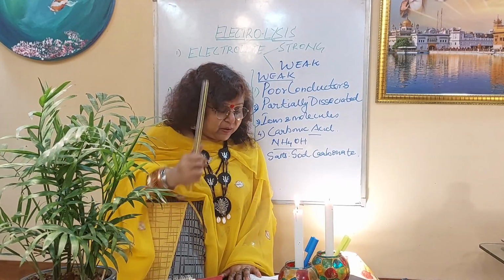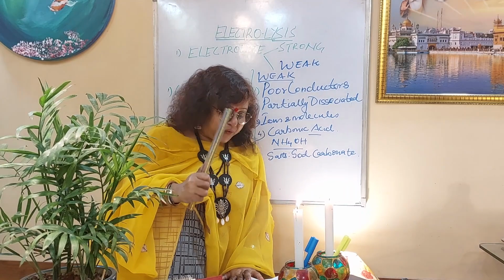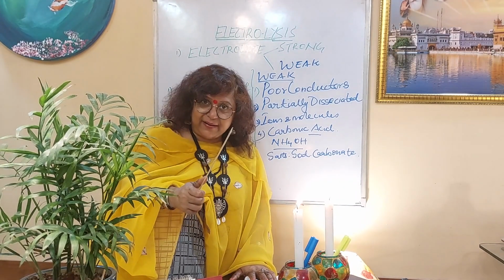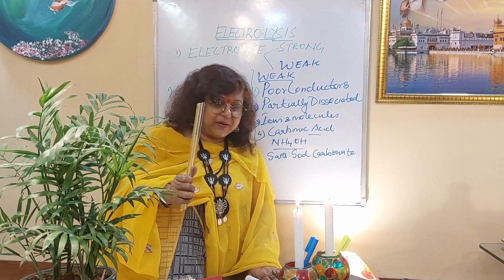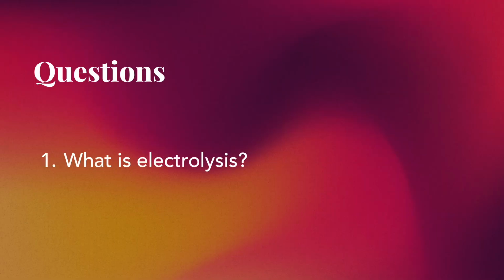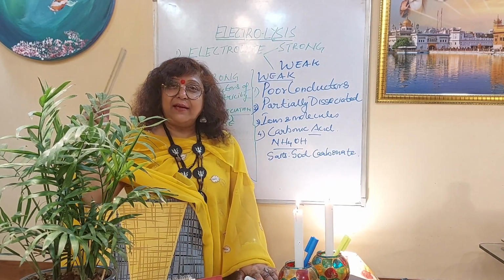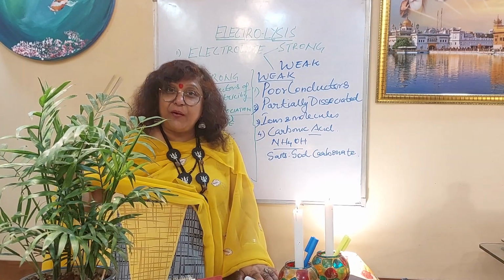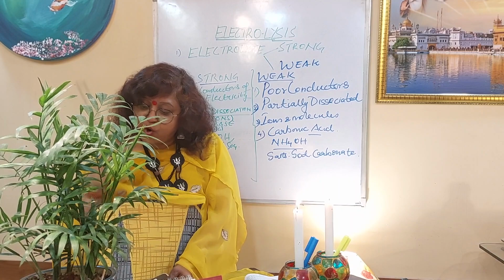So what definition will you give for electrolysis? You will write here, the term electrolysis is split into two words. Electro means electricity and lysis means breaking. So the process of breaking into ions or molecules with the help of electricity is known as electrolysis.